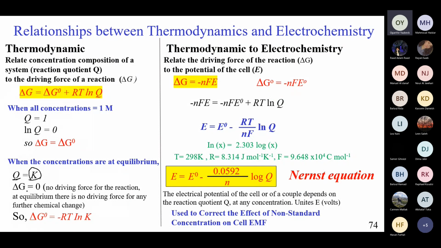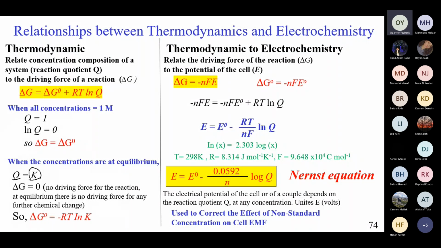So what happens to the delta G when Q is at equilibrium? When Q is equal to K, the reaction actually stops. There's no driving force for any further chemical change.